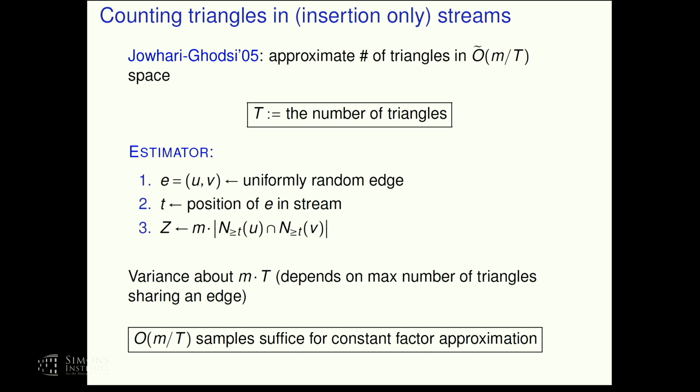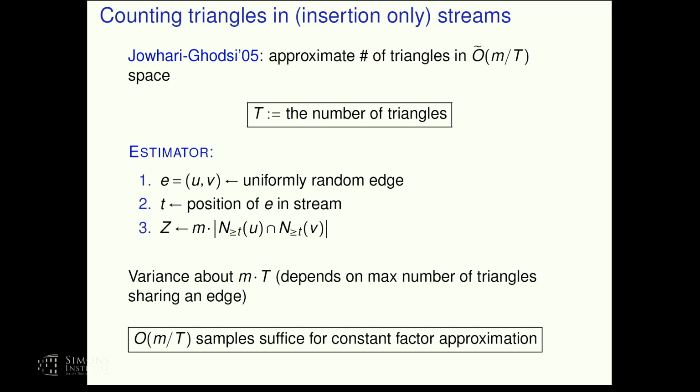So roughly m, which is the upper bound, the maximum value that the estimator takes, times the actual expectation, and in particular, order m by t samples suffice to get a constant factor approximation. Also, when I talk about approximating triangle count, I will always say that I want to approximate it to within a constant factor. Everything I say generalizes to 1 plus epsilon approximations with appropriate loss in parameters.